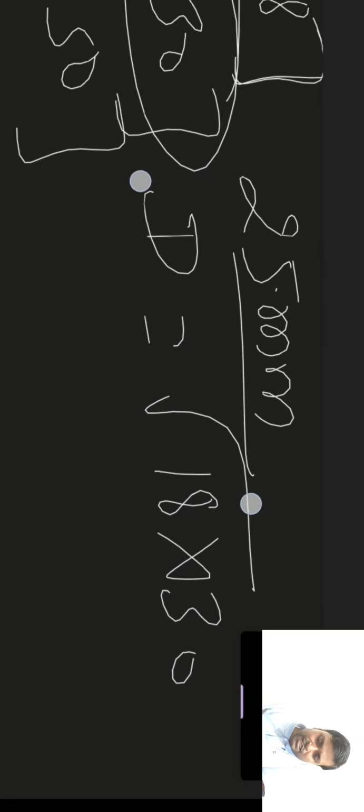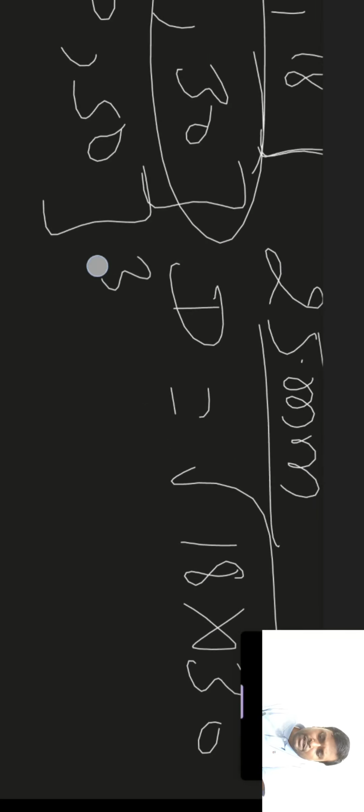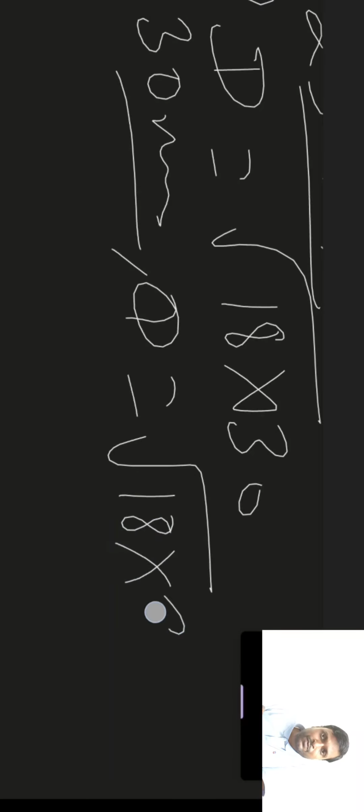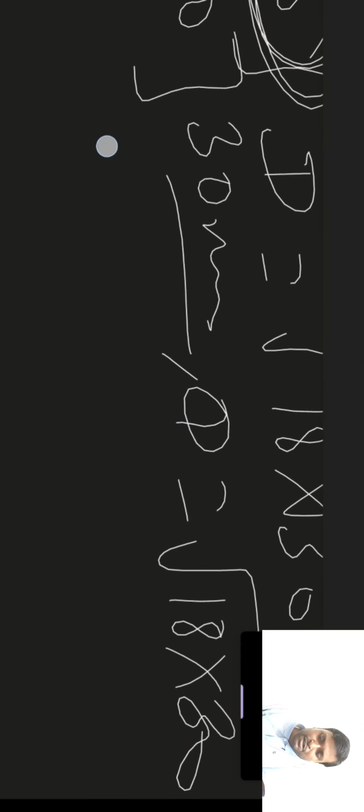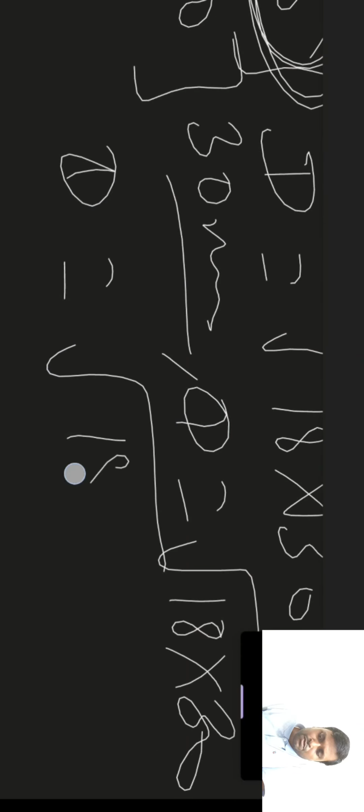Now imagine another shaft of 30 mm, which also lies in this range, and its geometric mean diameter will also be 18 into 30. Now imagine a shaft whose basic size is 20; it is also in this range, so its geometric mean diameter will again be 18 into 30.